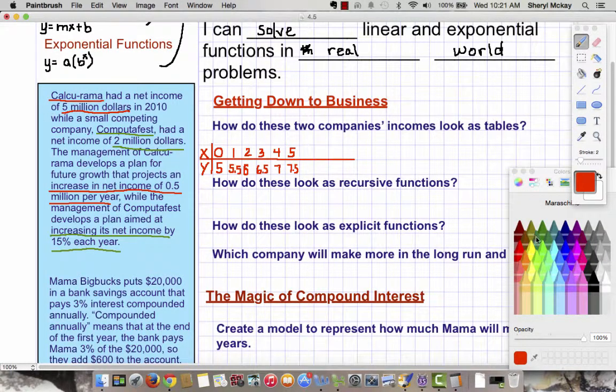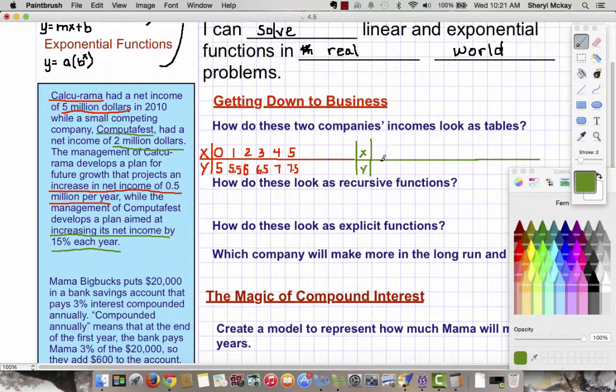Now let's go ahead and do the same thing for ComputerFest. And ComputerFest is going to be a little bit different. Let's go ahead and put X for the years, and Y for the amount of money.